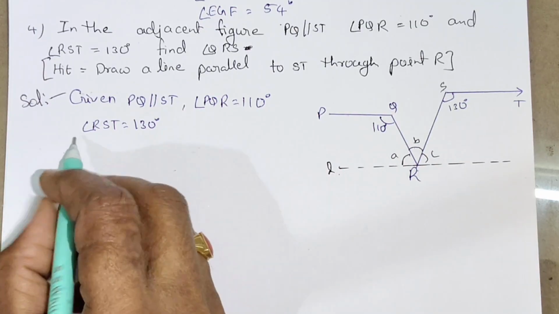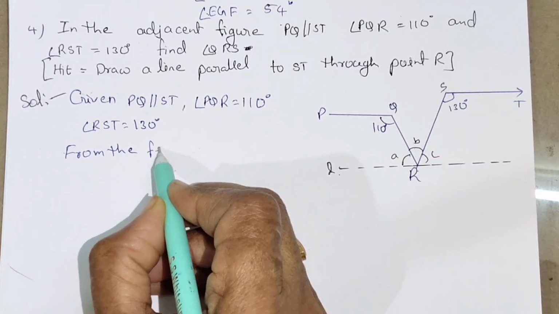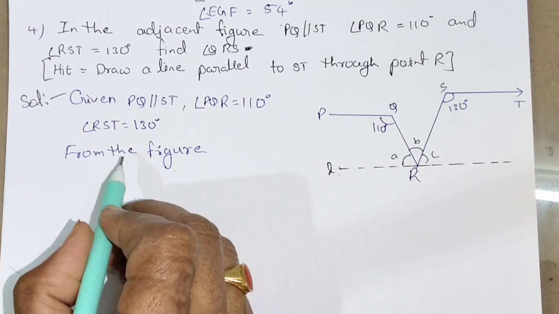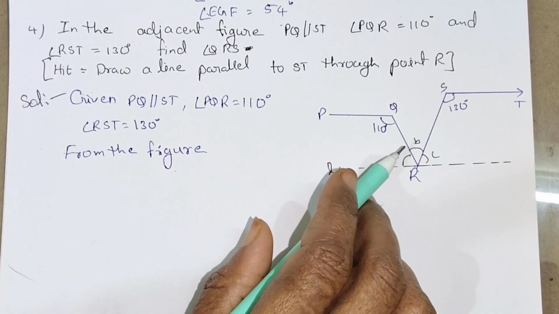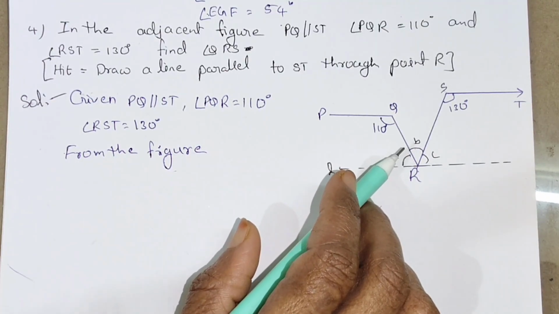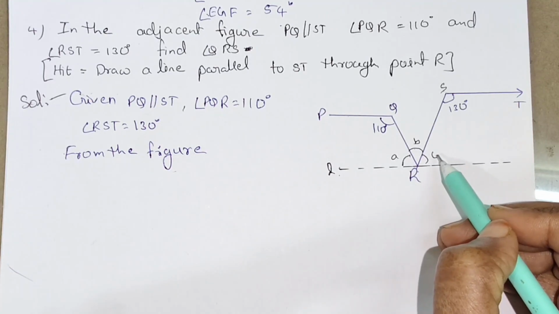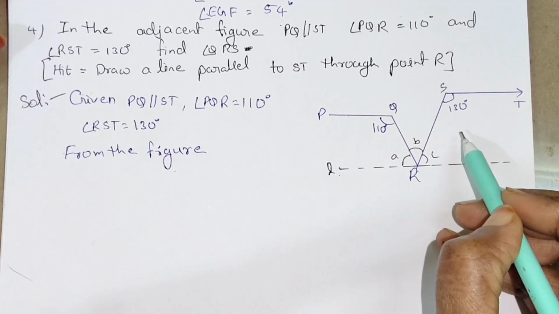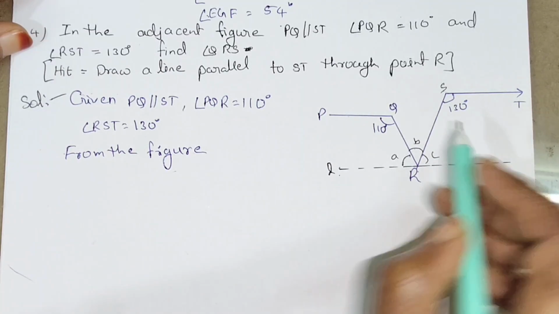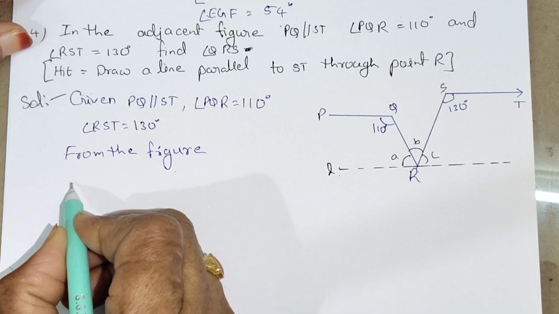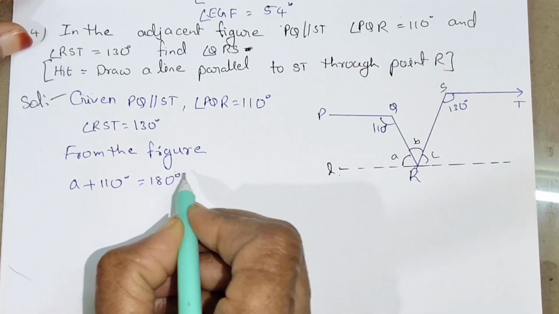From the figure, 110 plus A is equal to 180, because these two are interior angles on the same side of the transversal. Next, 130 plus C equals 180. These two also sum to 180, interior angles on the same side of the transversal. So A plus 110 is equal to 180 degrees.